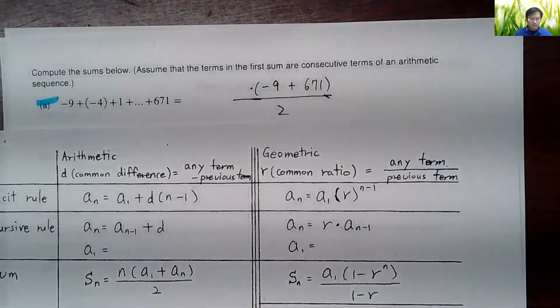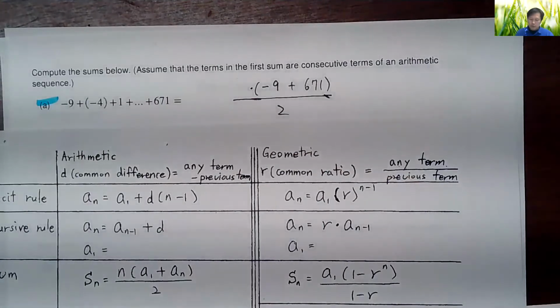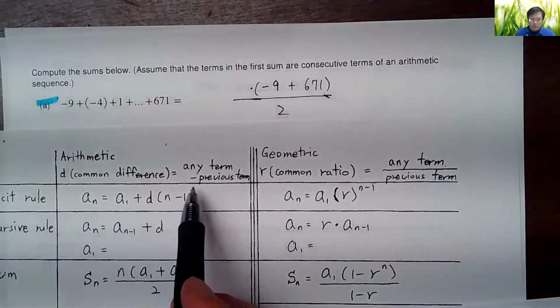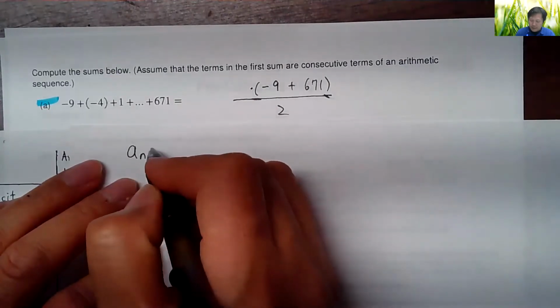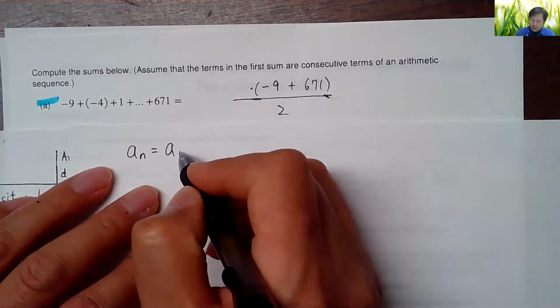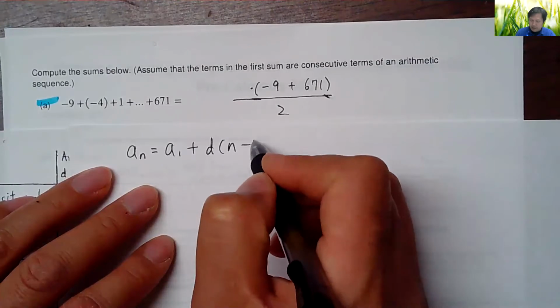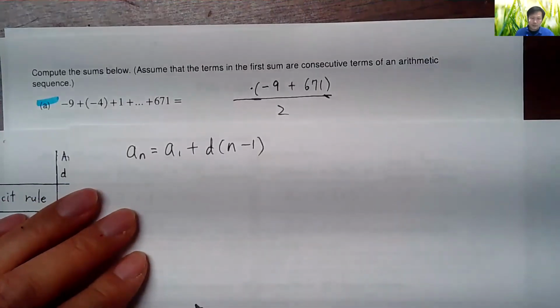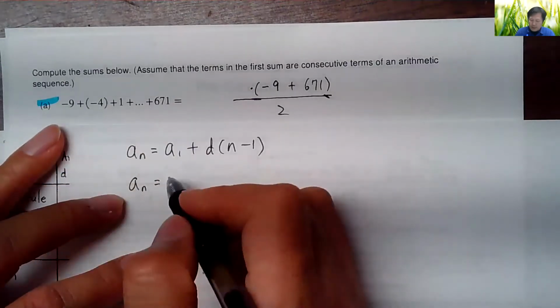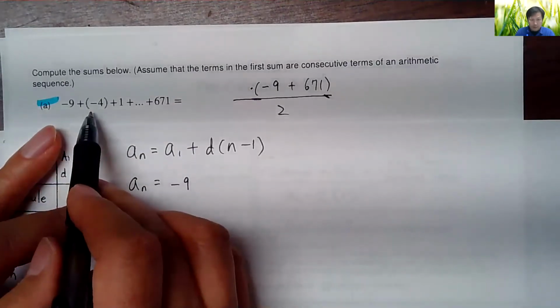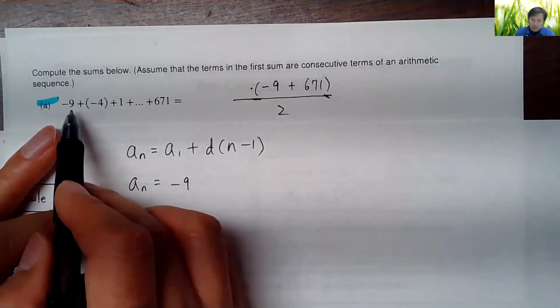To do so, you're going to go back to the explicit formula of an arithmetic sequence. So a sub n equals a sub 1 plus d times n minus 1. So a sub n equals a sub 1, which is minus 9, plus the difference. Look at it: minus 9, minus 4, 1.